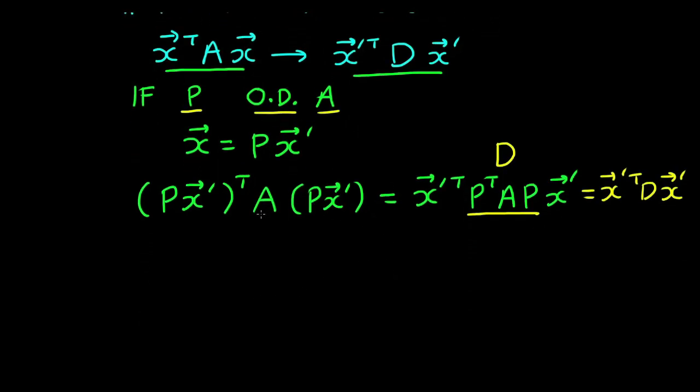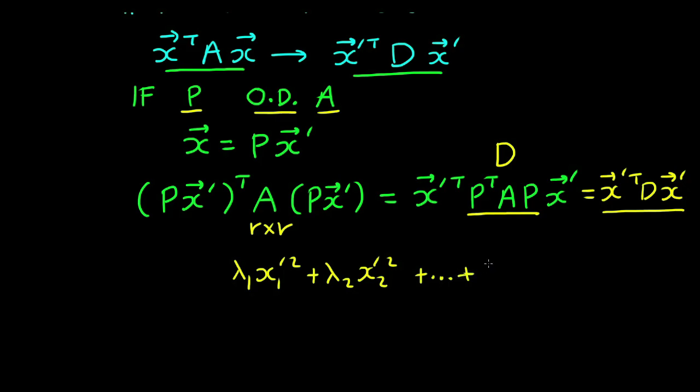And therefore, given our R by R symmetric matrix A, this new quadratic form will be equal to lambda 1 by x1 dash squared plus lambda 2 by x2 dash squared, and so on up to lambda r by xr dash squared.